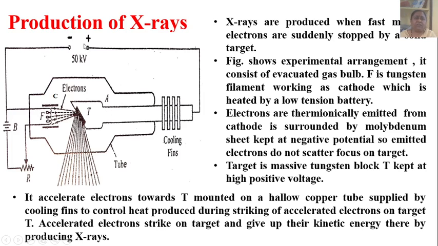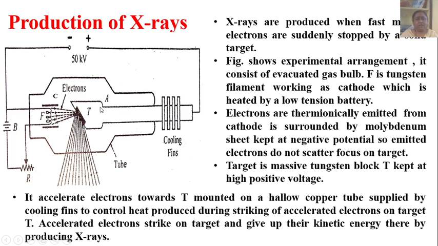Now this is the positive terminal of the battery that is connected to the anode, and the negative terminal of the battery is connected to the cathode, as shown in figure. Now in the figure, there is a window, from this X-rays are coming out.